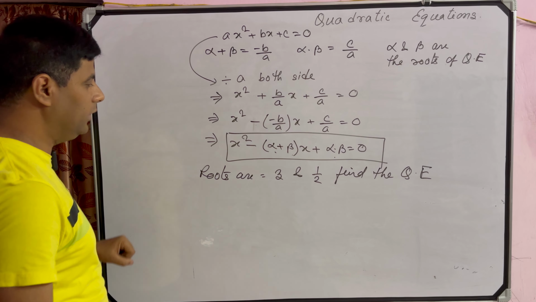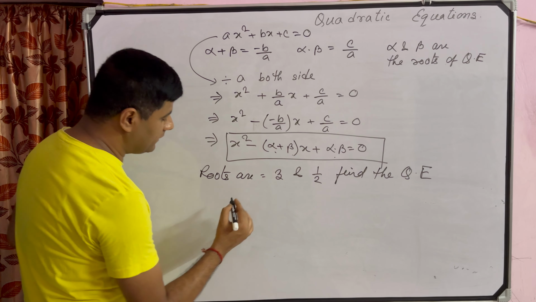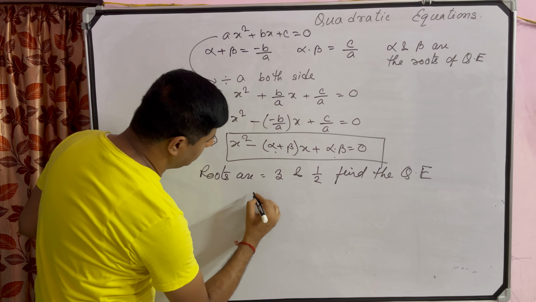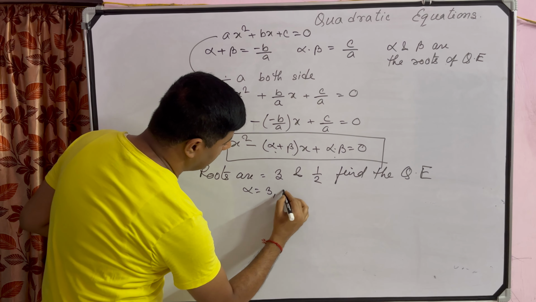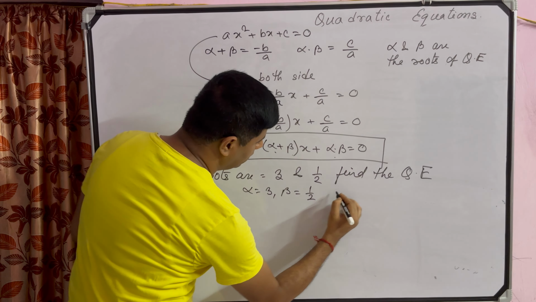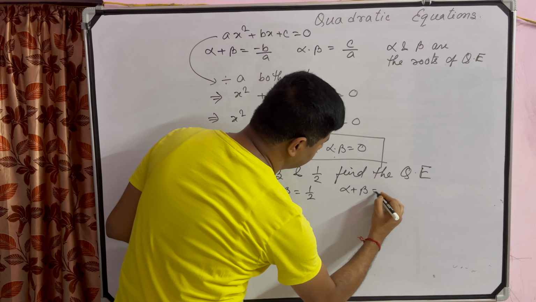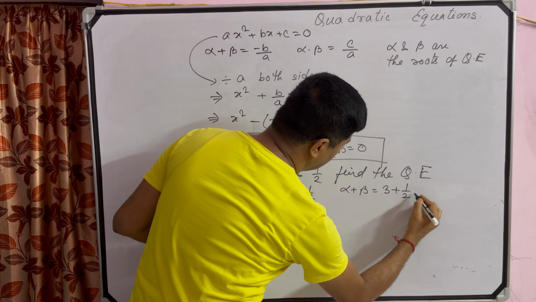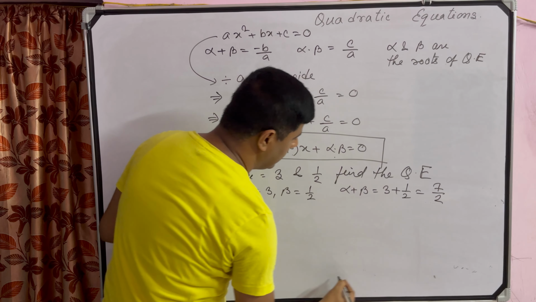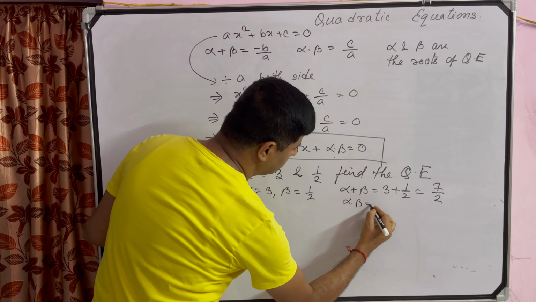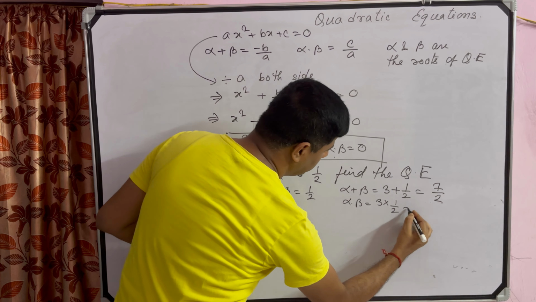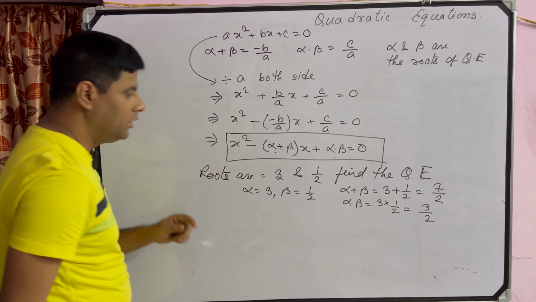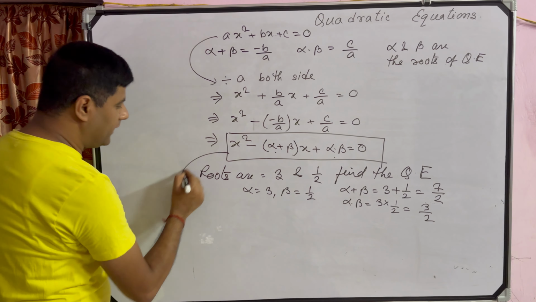So what you can do in an easier way is apply alpha equal to 3 and beta equals half. So alpha plus beta equals 3 plus half, which is 7 by 2, and alpha into beta equals 3 into half, so it is 3 by 2. And you can apply this formula directly.